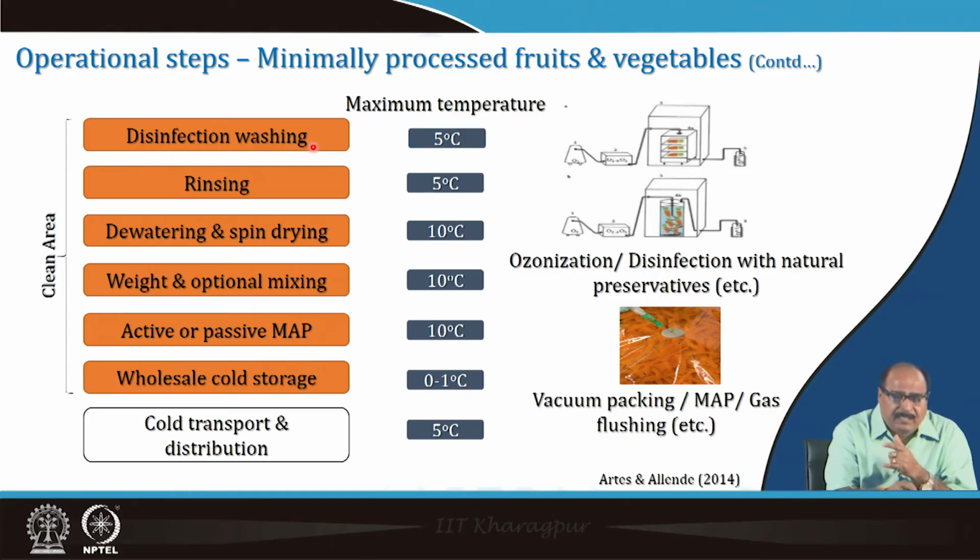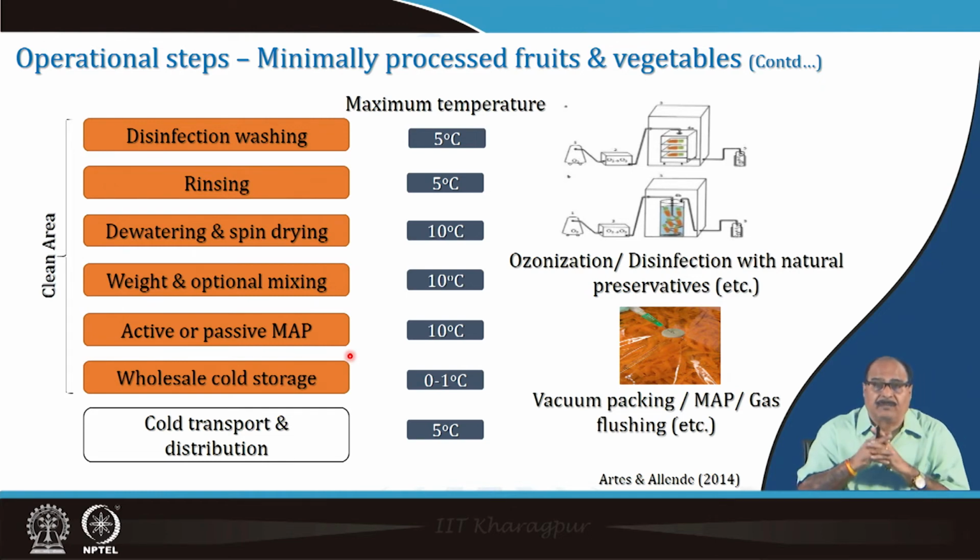Then after that it comes into the processing area, which is a comparatively clean area, but still there is disinfection, washing, rinsing, dewatering and spin drying, wet and optional mixing, then active and passive modified atmosphere packaging, wholesale or cold storage, and then cold transport and distribution. Again, the maximum permissible temperature at each and every step is indicated here, so that you get better quality.